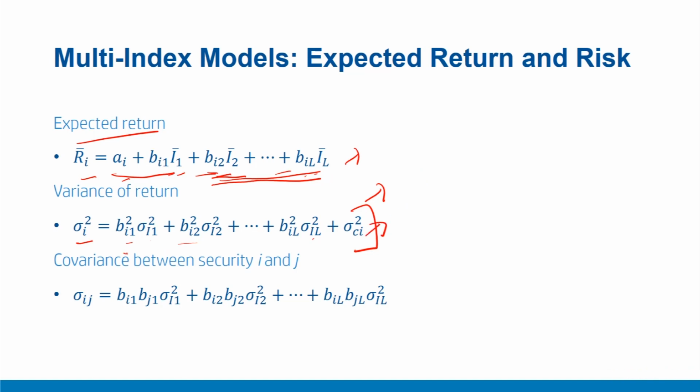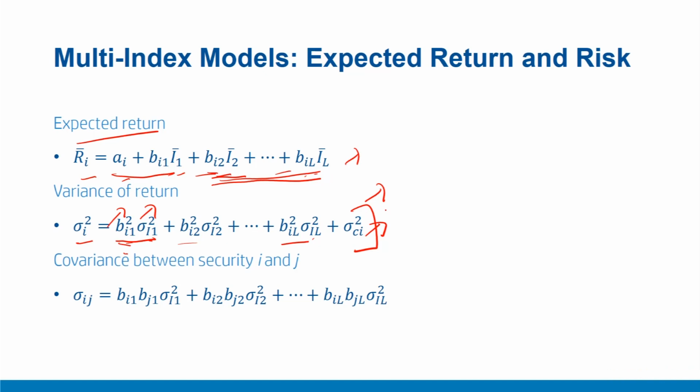The remaining components include the variance terms for the indices included and the sensitivity of the security. So it is also very similar to the single index model where we had just one term, Bi1 square into sigma I1 square. Now that we have L indices, we have Bil square into sigma Il square, so up till L terms. But again it is very similar to the variance of the single index model.